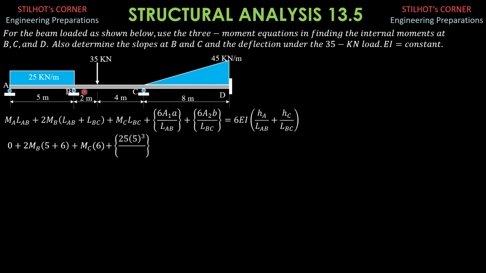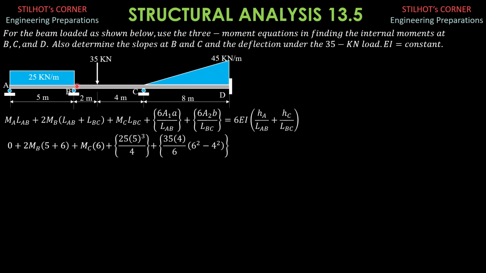While the value of 6A2B over LBC for span BC is P, which is 35, times b, which is 4, all over L, which is 6, quantity L squared, 6 squared minus b squared, which is 4 squared. So this is equal to 35 times 4 over 6, quantity 6 squared minus 4 squared, equals 6EI HA, which is 0 because the supports are unyielding.